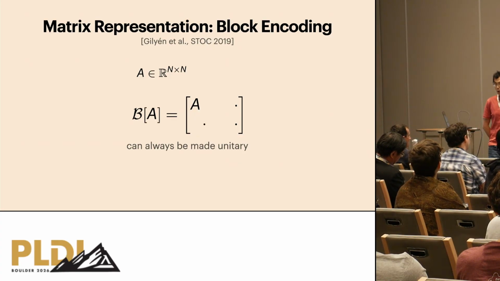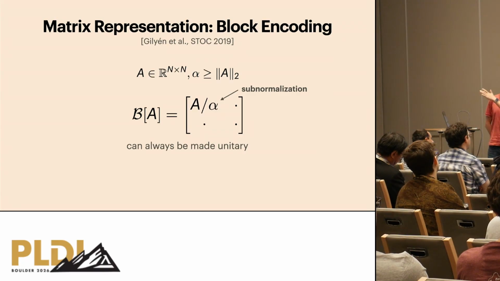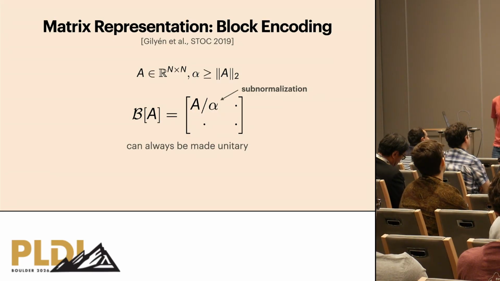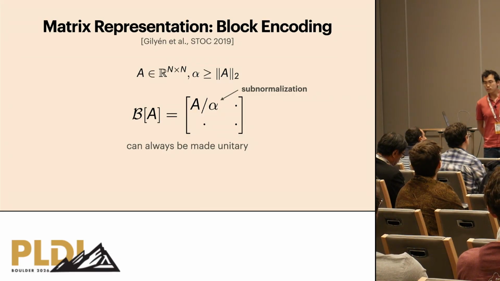This is always possible, subject to a mild condition that the entries of A are not too big. If they are big, you have to divide the whole thing by a number alpha, which is called the subnormalization. Remember that term. It will come back: subnormalization. It's definitely related to that. In this case, the lower bound here is going to be the spectral norm of A.